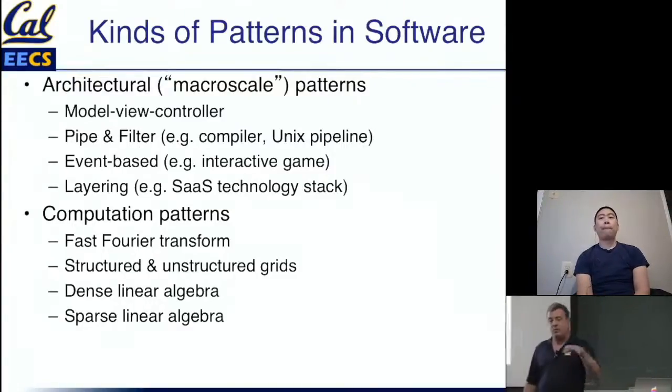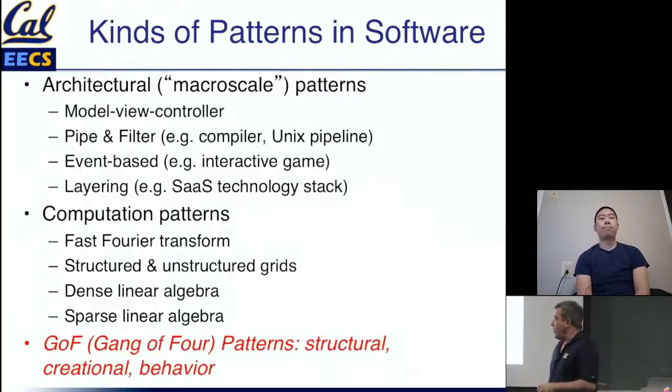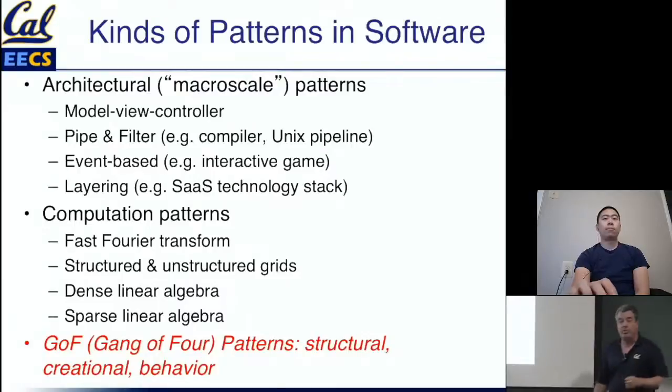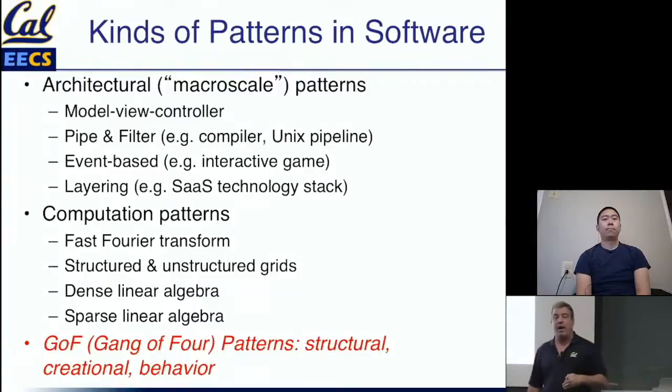And then the kind of patterns that we're primarily going to be concerned with are what some people in software call the GoF patterns, for Gang of Four, after the group of four authors who in the mid-1990s wrote what is now considered the seminal book on patterns from the software engineering point of view. They divided the patterns that they identified, looking at different software systems, into three different kinds that they called structural, behavioral, and creational patterns.